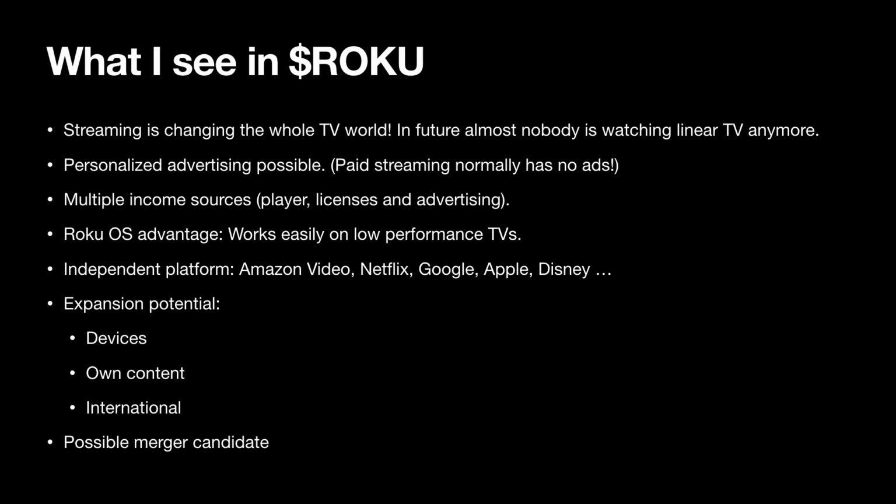And they can also integrate Amazon, Netflix, Google, Apple, Disney, etc. without having any politics or any competition between all the streaming providers. And that gives them, from what I see and what I think, a big advantage, because they can provide customers access to all the streaming providers on the platform.